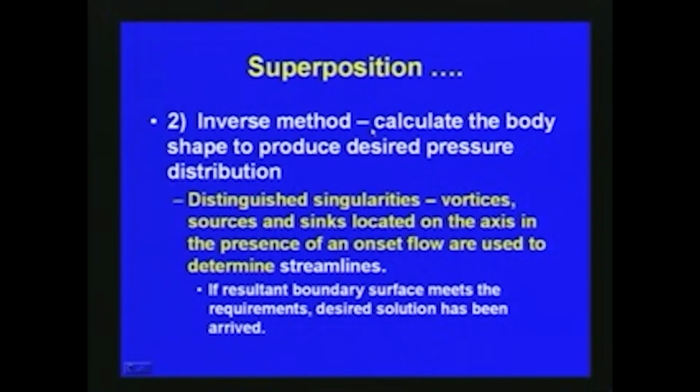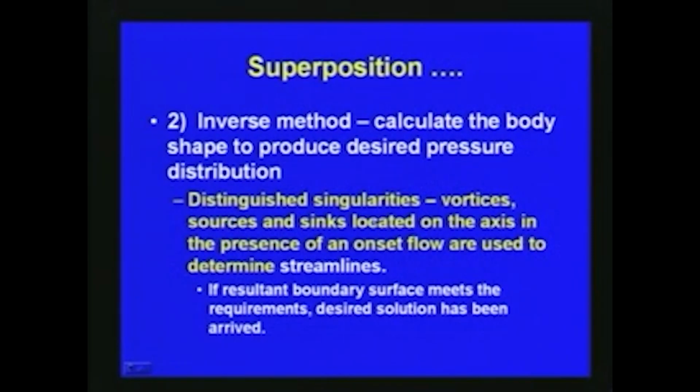The second method of superposition is called the inverse method. In the inverse method, we calculate the body shape to produce the desired pressure distribution. Initially we assume the pressure distribution, and through the calculation of the body shape, it is an inverse process. Then distinguished singularities like vortices, sources and sinks located on the axis in the presence of an onset flow are used to determine the streamline.